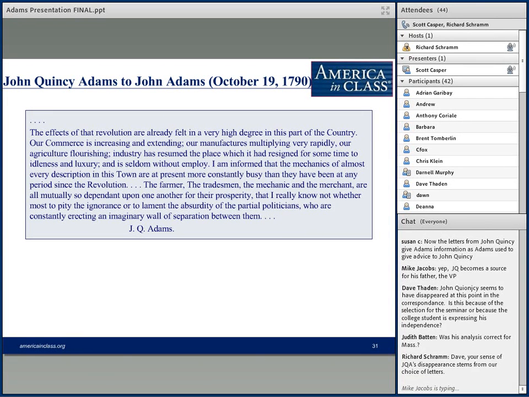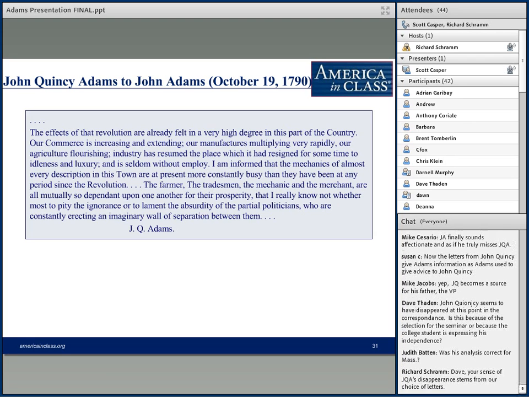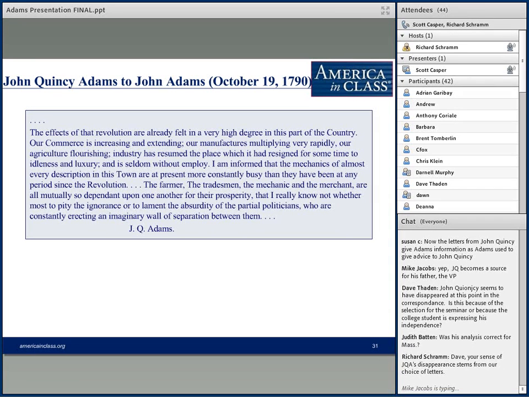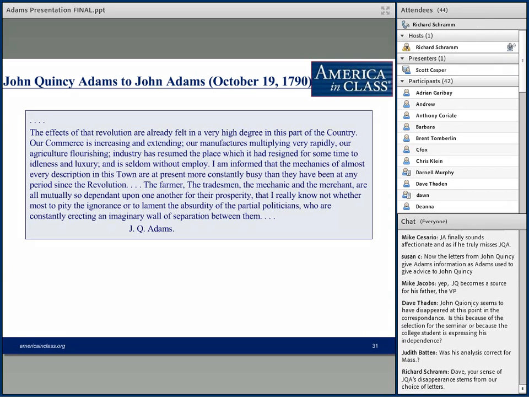So John Quincy is suggesting, in a sense, that all of these people should become more cognizant of how dependent they are on one another, and then there wouldn't be party politics at all, because we would all understand that we all share in this common good. And that's a kind of federalist idea, that we all have this mutually connected society, and if the tradesman and the merchant and the mechanic are doing well, are prosperous, that will be good for everyone.